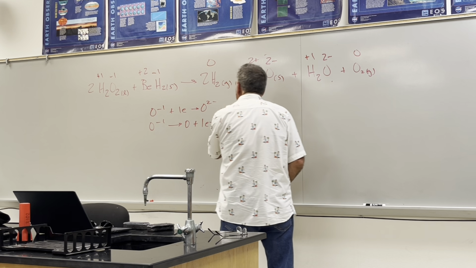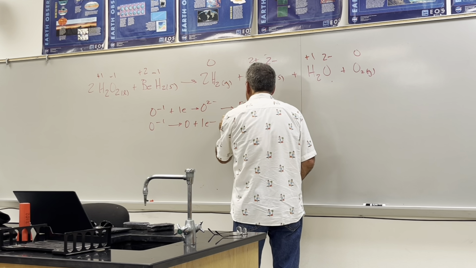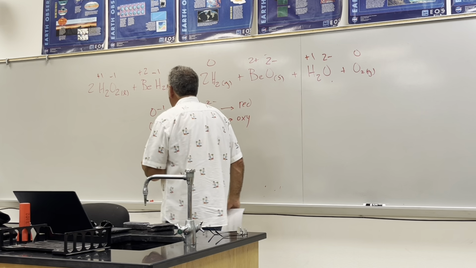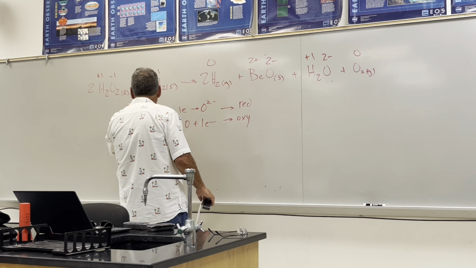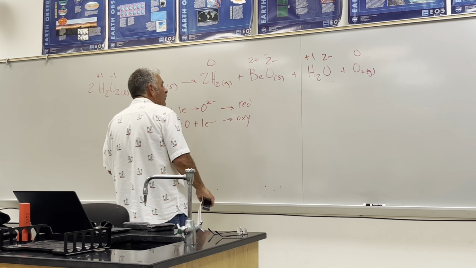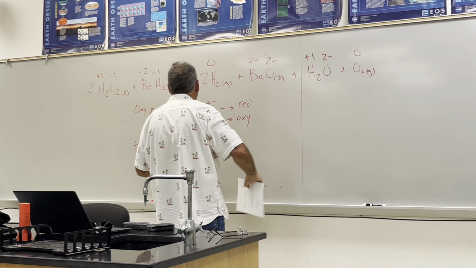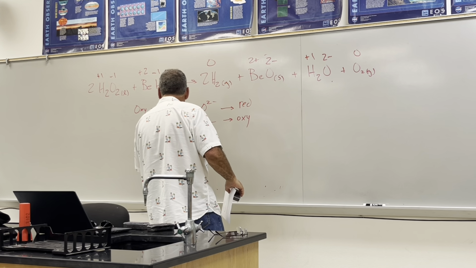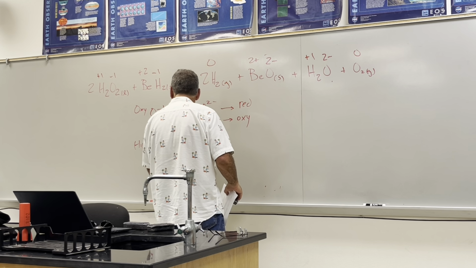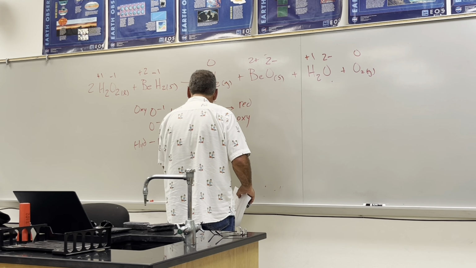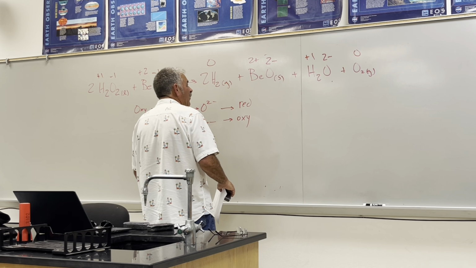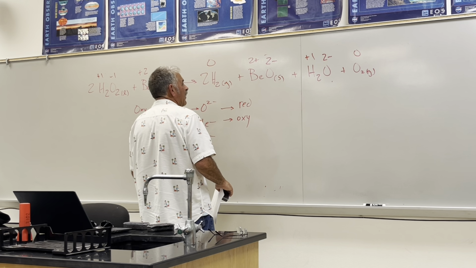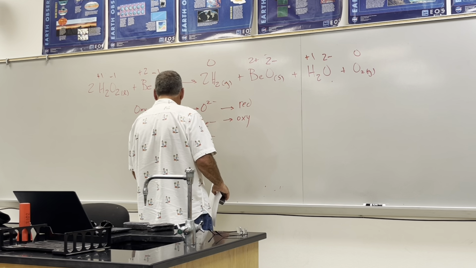So oxygen is both what? Reduced and oxidized in this equation. What else? Hydrogen is -1. So hydrogen, this is oxygen. -1 and +1 and 0. So hydrogen as well. Hydrogen goes from -1 to 0, which is +1 electron, and then goes from +1, if you want, to 0 as well.